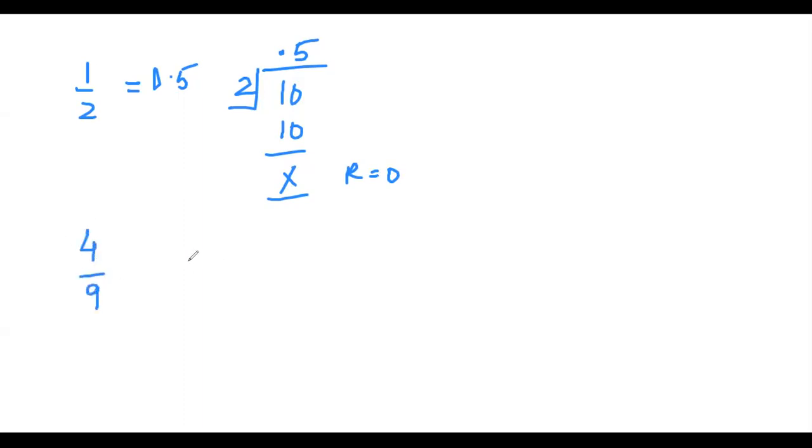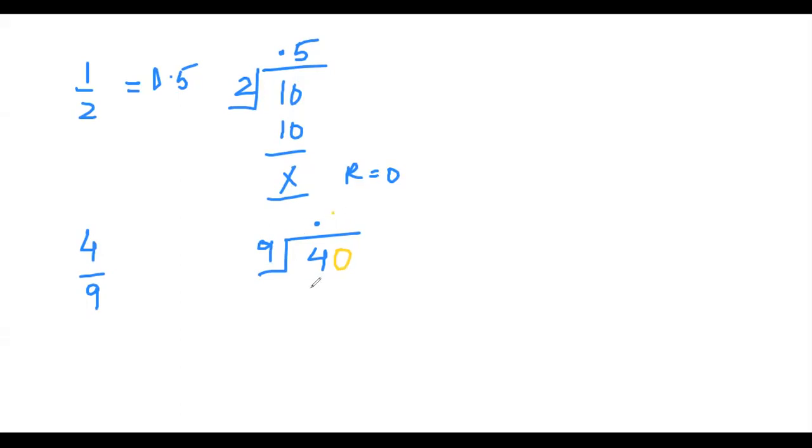We do 4 by 9, right? So 9 and there is 4. First I'll put a point. I hope you're familiar with this. What I'm doing is just long division. Since I put a point, I can put a 0.